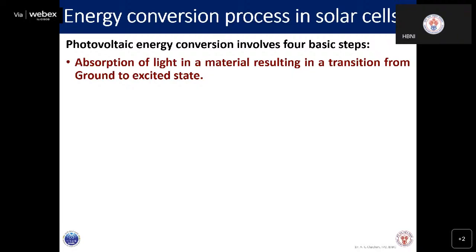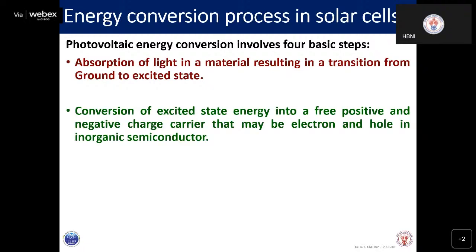So the first step is the absorption of light in a material, and because of this absorption, electrons or excitons, in some cases excitons are created, but for the time being let us presume only the silicon part. So electrons and holes are generated.